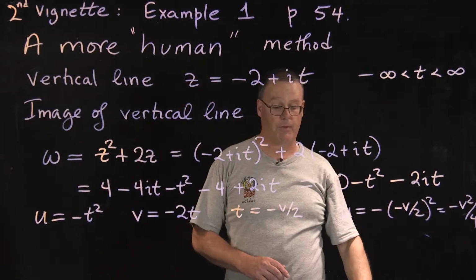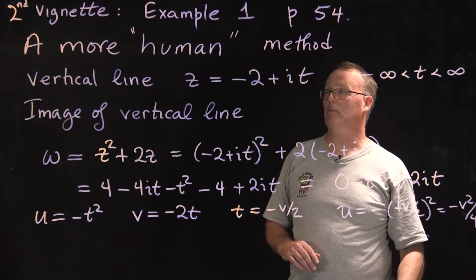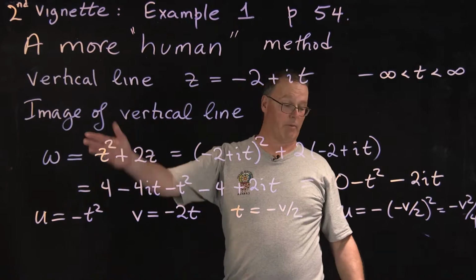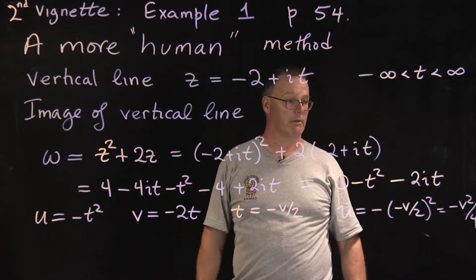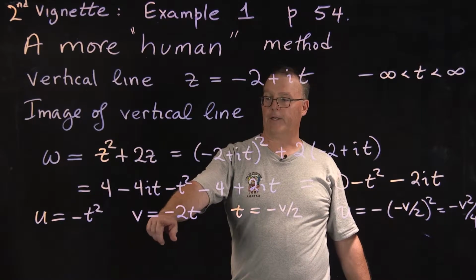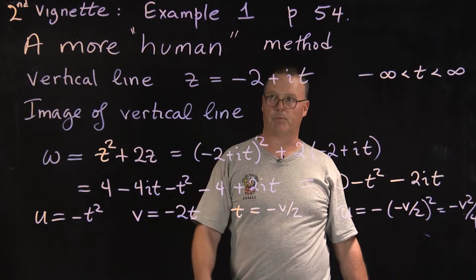And that's the curve that we drew that touched the x-axis. That was the first one that we drew. And we drew it coming down and touching, going that way. So the fact that v was minus 2t, if t is negative, then v is positive.